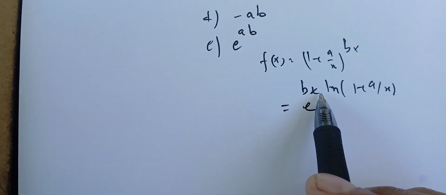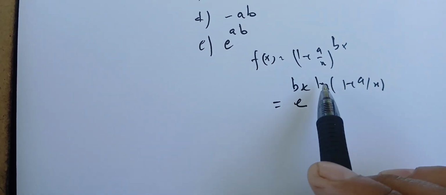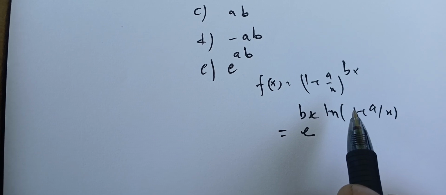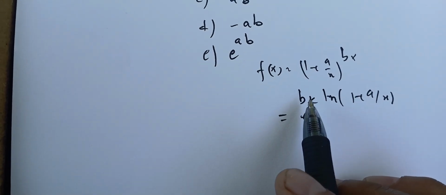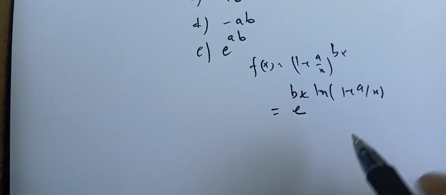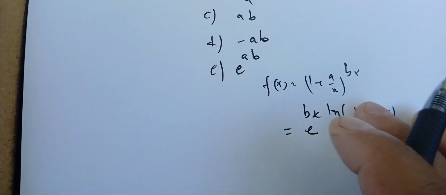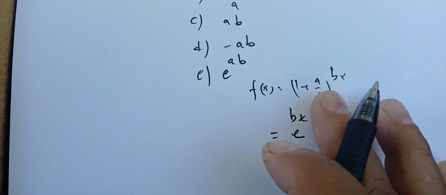So the issue now is we have an undetermined form again. We can remove this undetermined form by reworking the function.